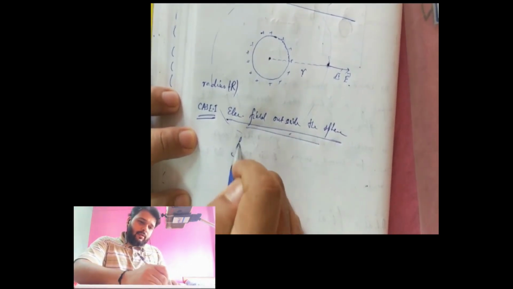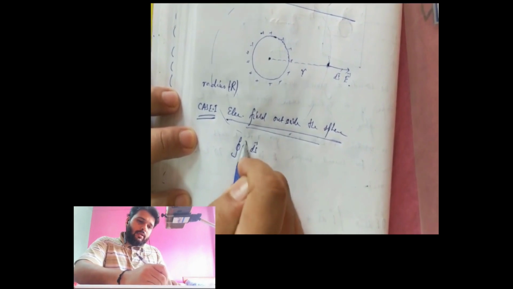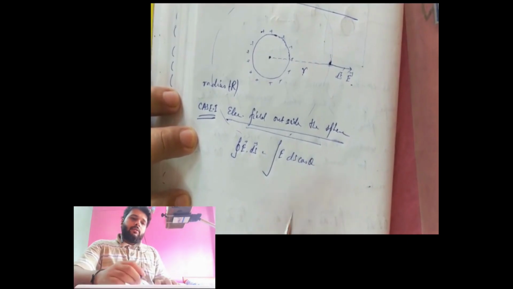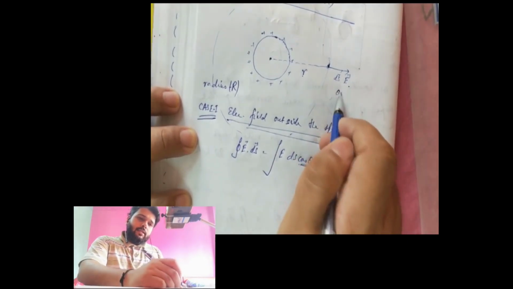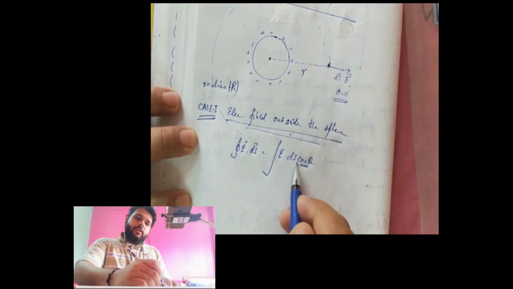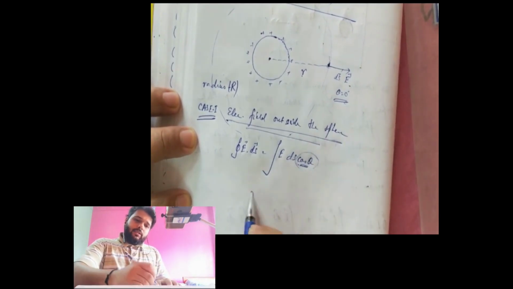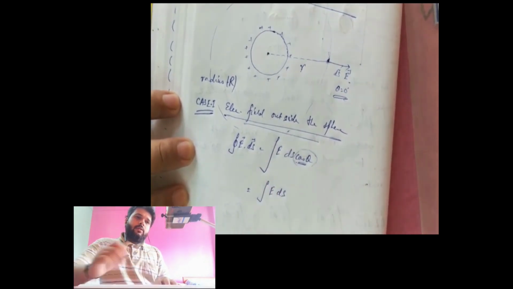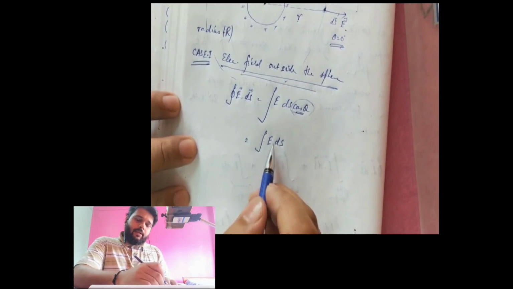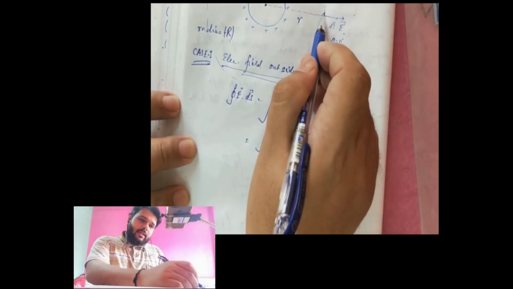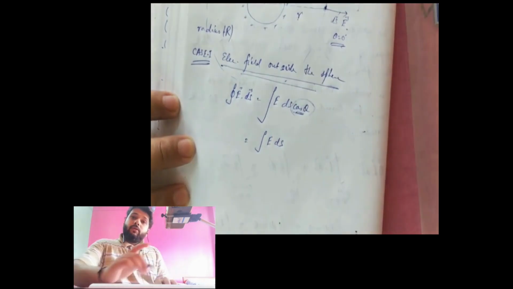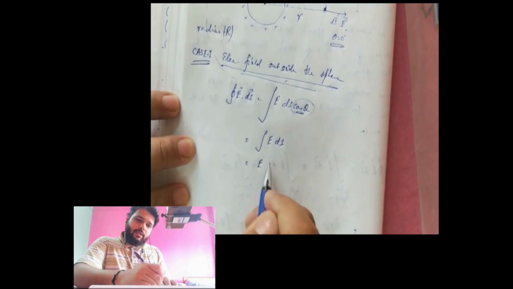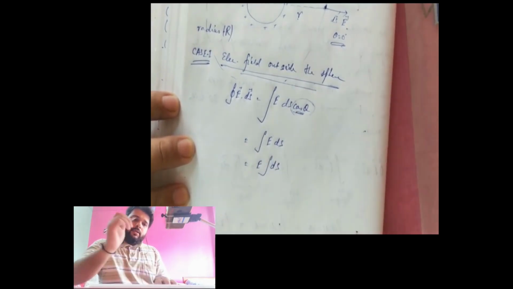So for E dot ds, we have E ds cos theta, and there is only one surface. Here E and ds are along the same line, so theta is 0 degrees, and cos 0 degree is 1. So we can replace cos theta by 1, and we'll be left with E ds. Now the electric field on this Gaussian surface will be constant everywhere, so we can take E outside the integration sign, and inside the integration sign it will be ds.